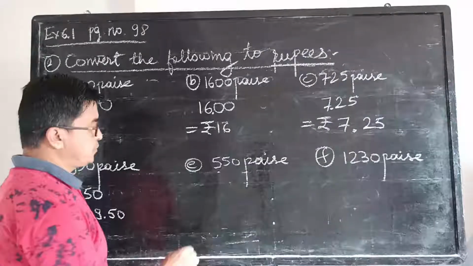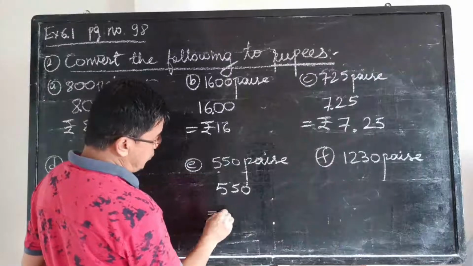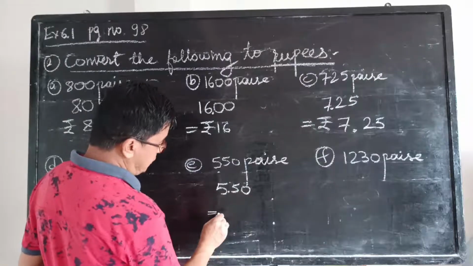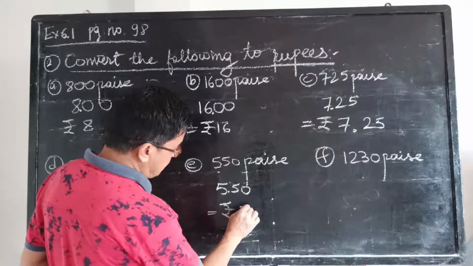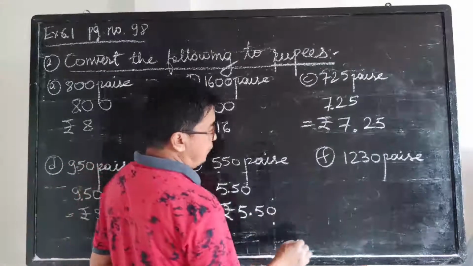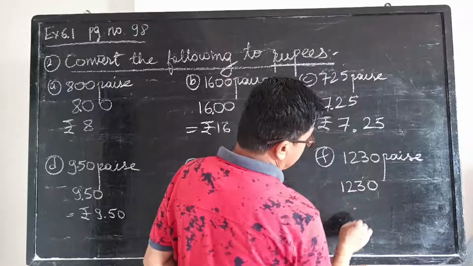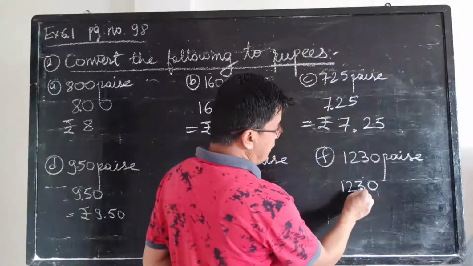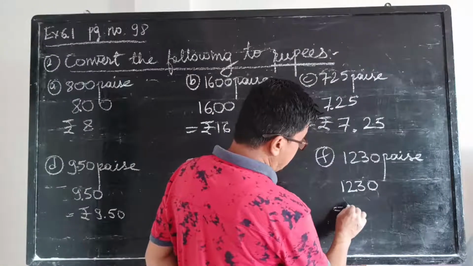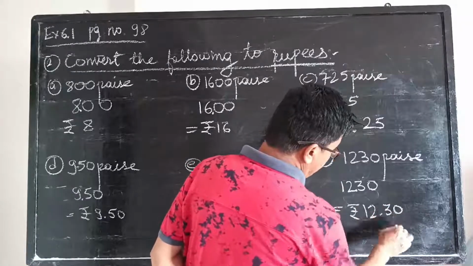Now E, 550. Leave 2 digits from the right and put a dot here. It is equal to rupees 5 and 50 paise. Now F, 1230 paise. Leave 2 digits from the right and put a dot here. It is equal to rupees 12 and 30 paise.